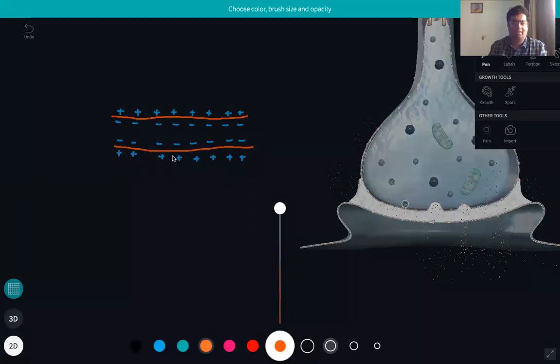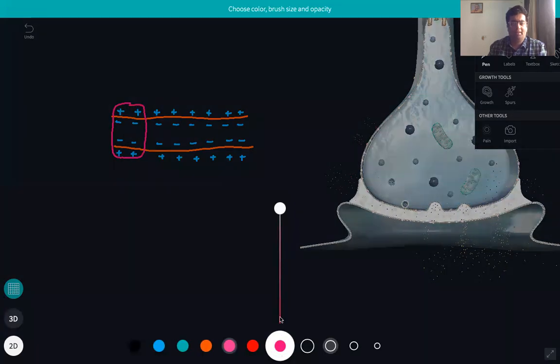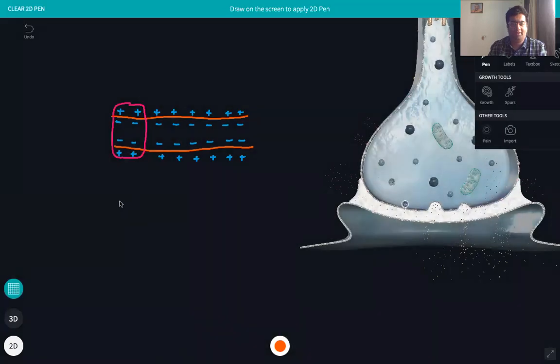As soon as there is an electrical disturbance, or an impulse, suppose in this region here, then in this region there shall be a wave of depolarization generated. Depolarization means there will be loss of polarity.